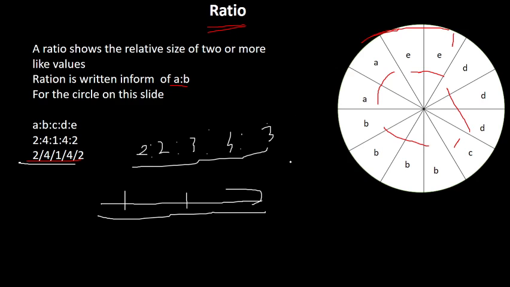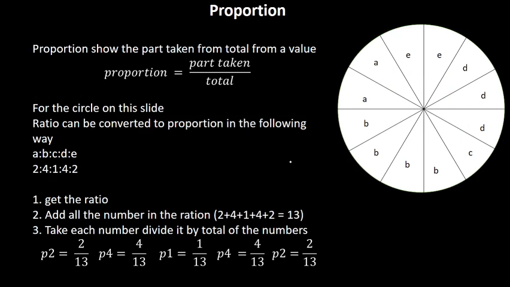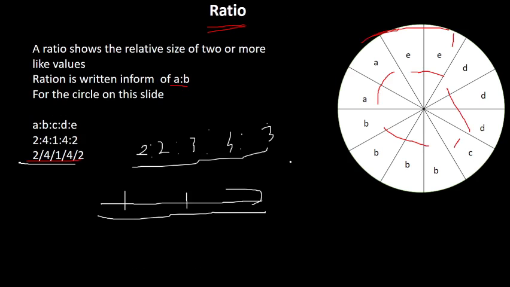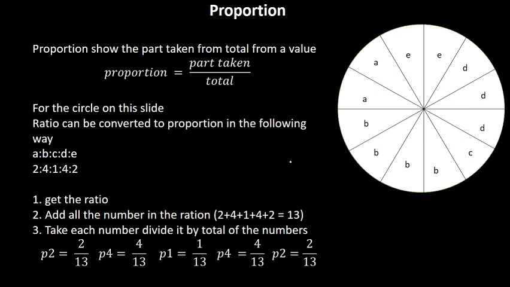But you should note that, sorry, that is ratio. I'm talking about ratio, sorry. Ratio is like cutting a single aspect into several parts. Now, what about proportion? Proportion is defined as the part taken from the total of an individual item.